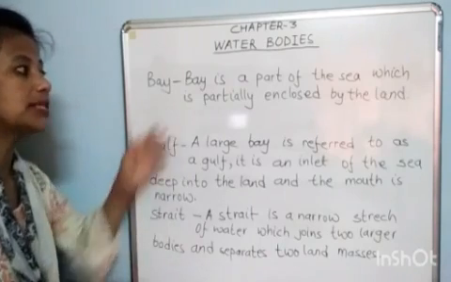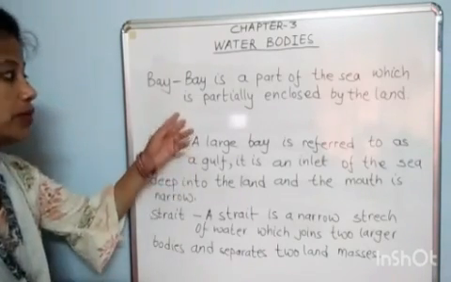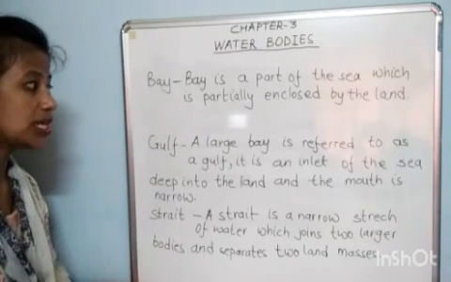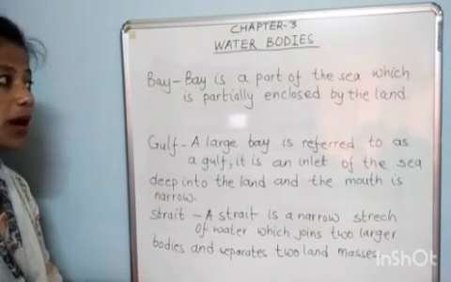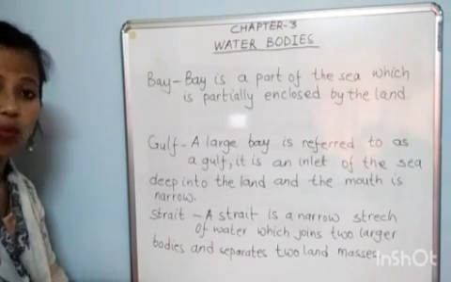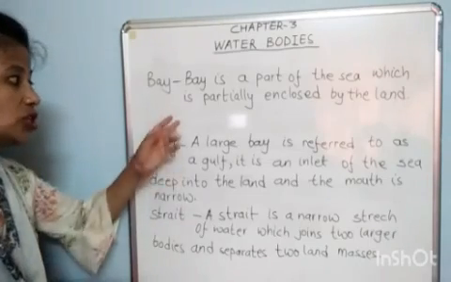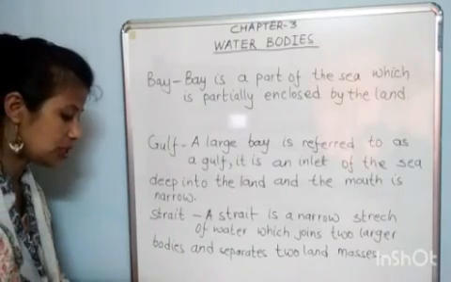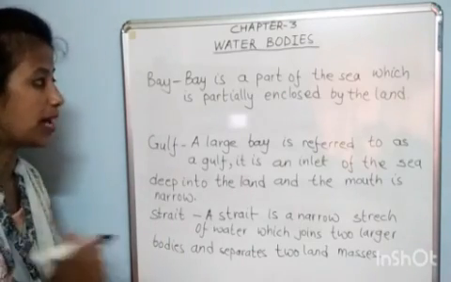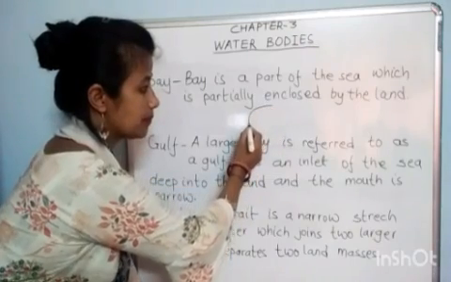Bay. A bay is a part of the sea, a water body, which is partially enclosed by land. It looks like this.